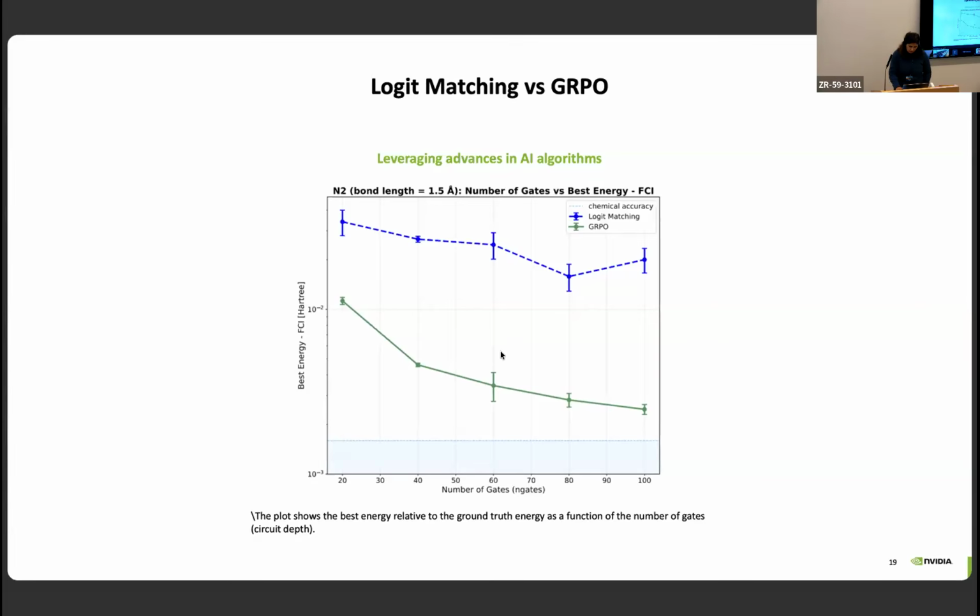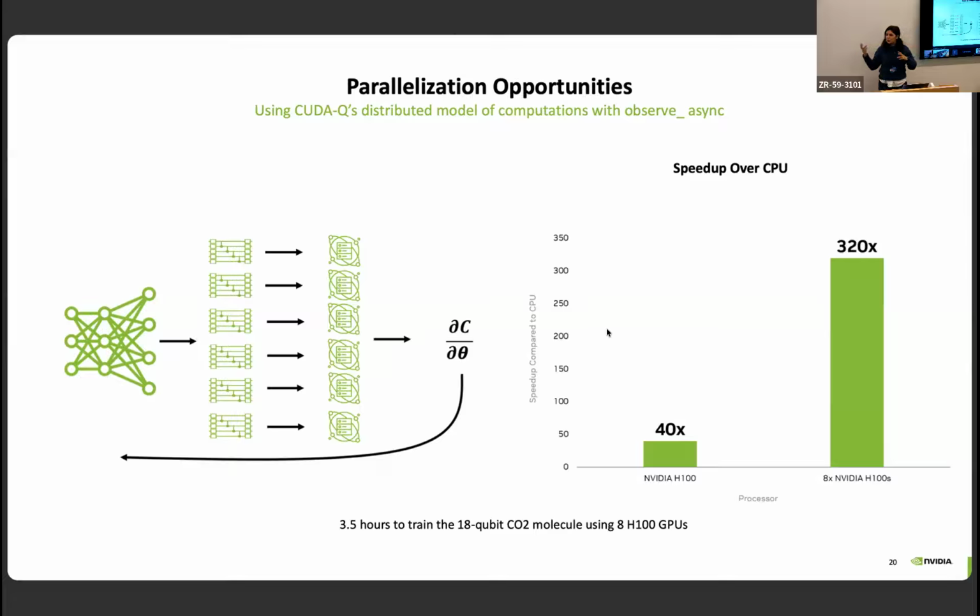One more thing about the parallelization opportunity. I talked about how, in a batch, you produce a bunch of circuits in parallel, and that's part of the optimization process that helps the transformer learn faster what direction to move things in. We have this distributed model of computation in CUDA Quantum, where you can distribute all of these circuits asynchronously and in parallel, and that's what we've utilized.